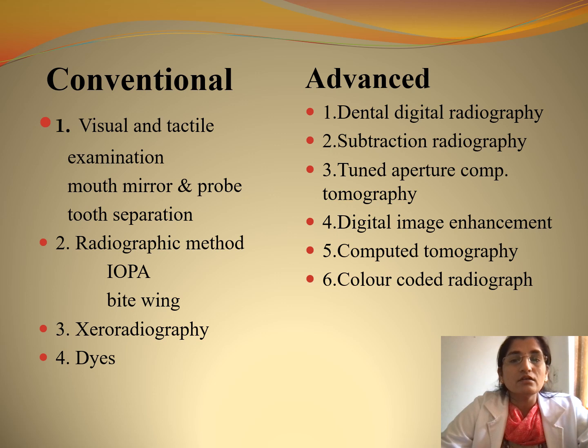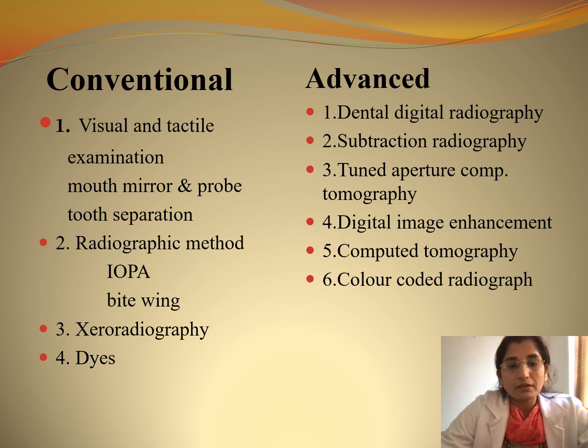Moving on to the diagnostic aids in caries, we have conventional as well as advanced, that is recent, diagnostic aids. So let us list the conventional and advanced caries diagnostic aids. In conventional caries diagnostic aids, we have visual and tactile examination with the help of mouth mirror, probe, tooth separation.